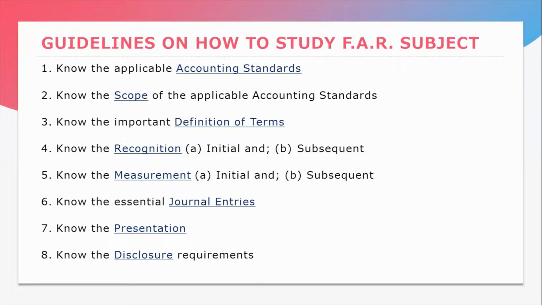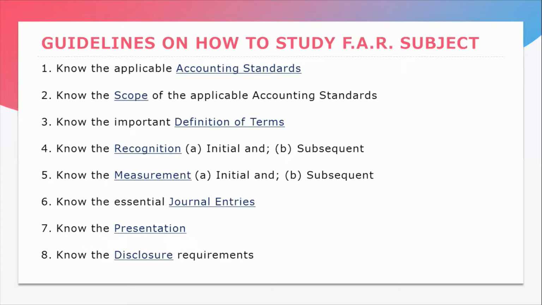Third is alamin natin yung mga important definition of terms. It will be part of your mastery, kasi from the definition of terms, gumagawa sila ng problem na may apply mo sa kung ano ba yung mga na-master mong terms.